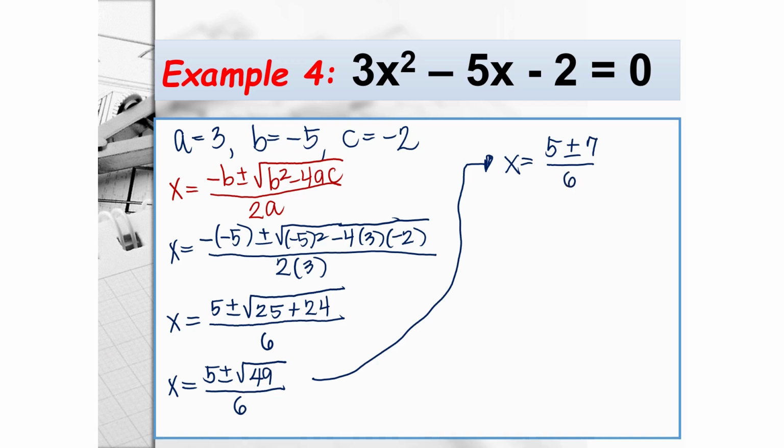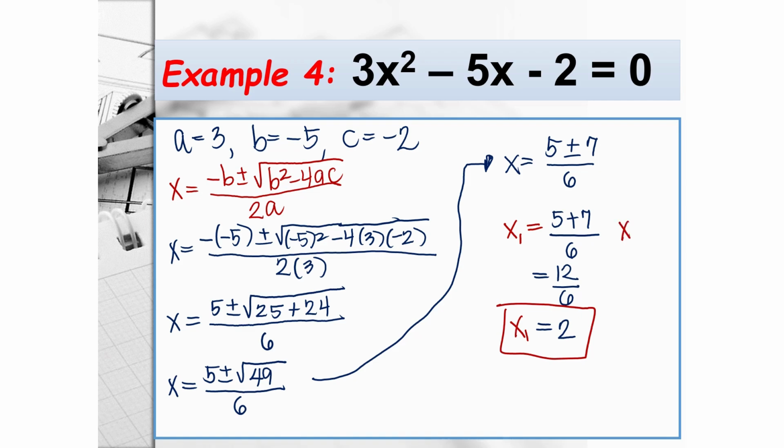Separate the plus and minus sign, so we will have x sub 1 is equal to 5 plus 7 divided by 6. So that is equal to 5 plus 7 is 12 divided by 6. So x sub 1 is equal to 2. 12 divided by 6 is 2.